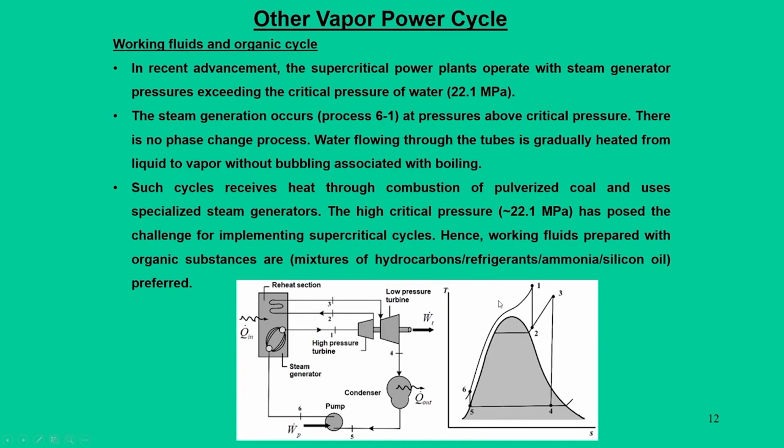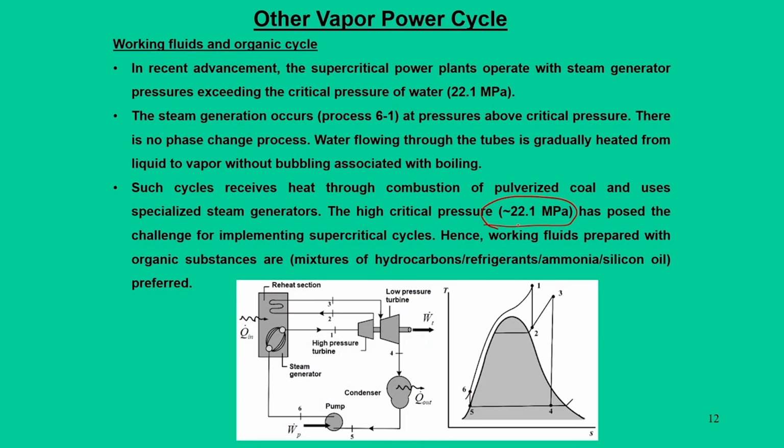That means, instead of going through these domes, for example, if you go for the critical pressure of water, then you have to create an ambience of 22.1 megapascal or higher to go directly from water to steam.